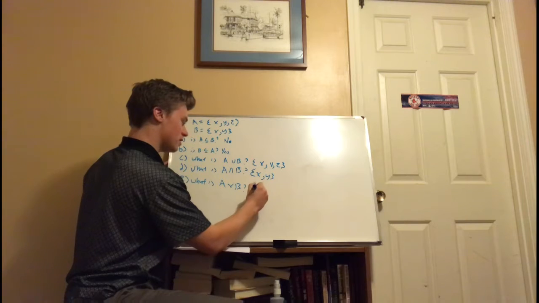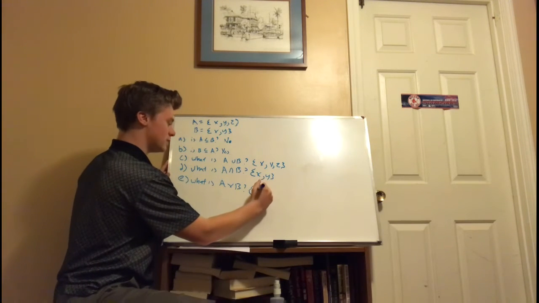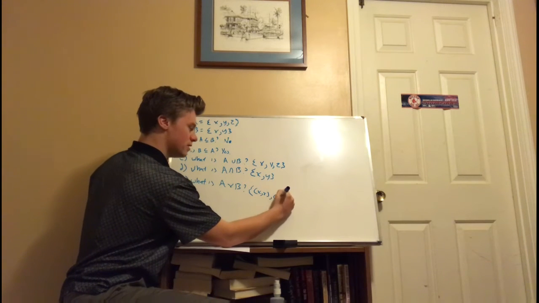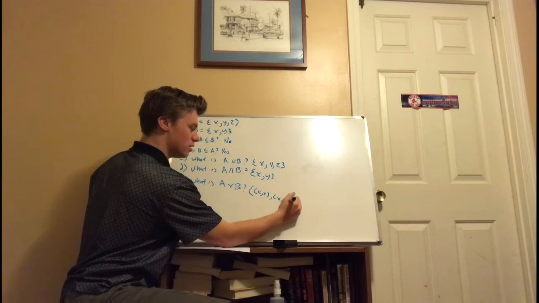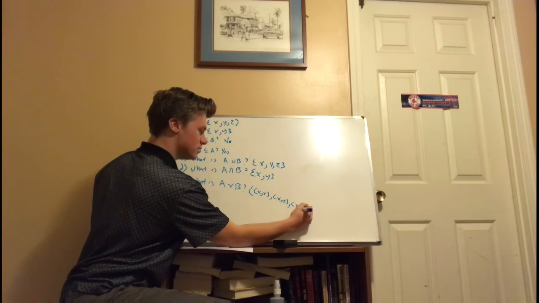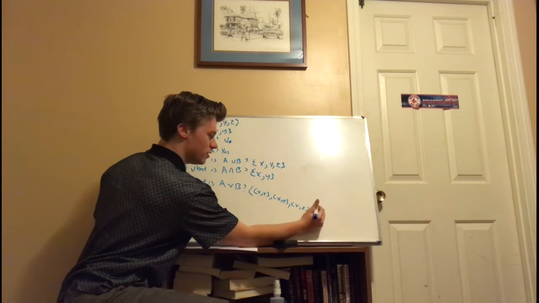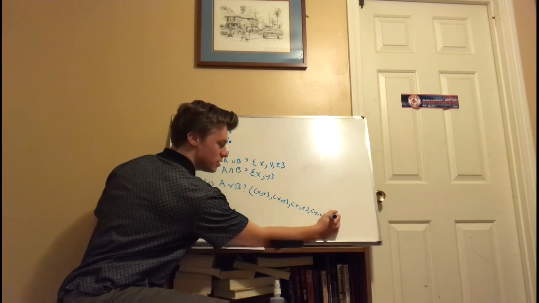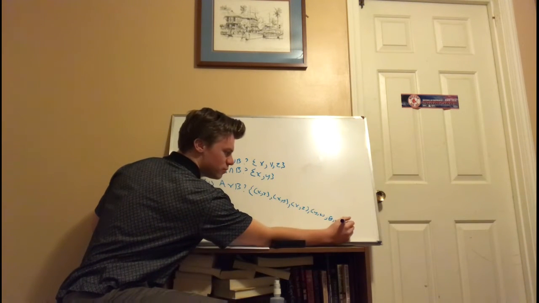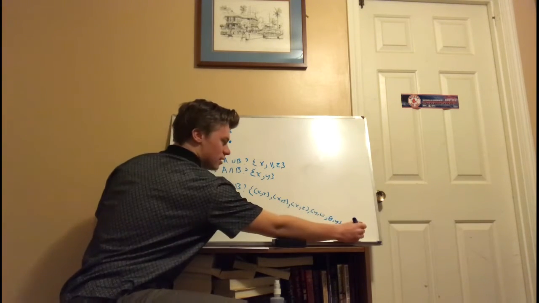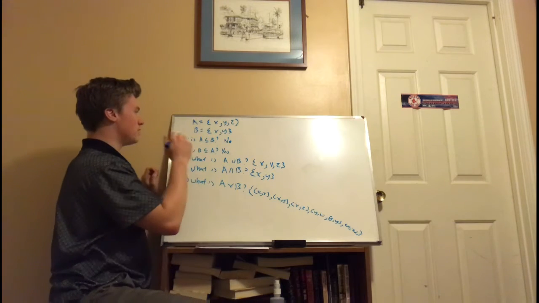So this would be a set containing (X, X), (X, Y), (X, Z), (Y, X), (Y, Y), and finally (Y, Z). And that's the whole set of A times B.